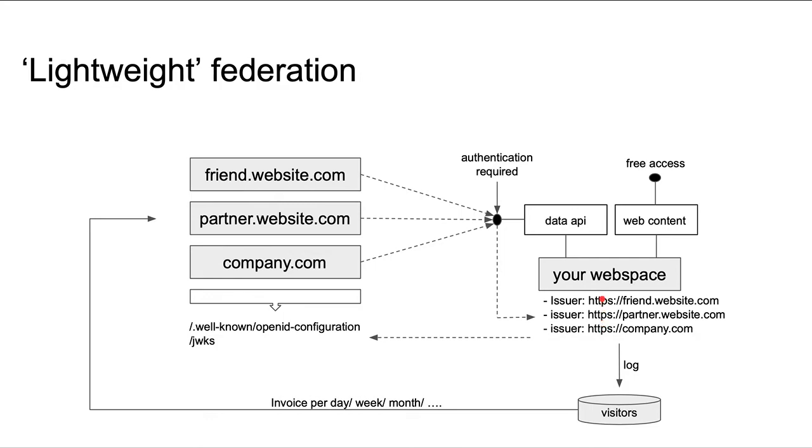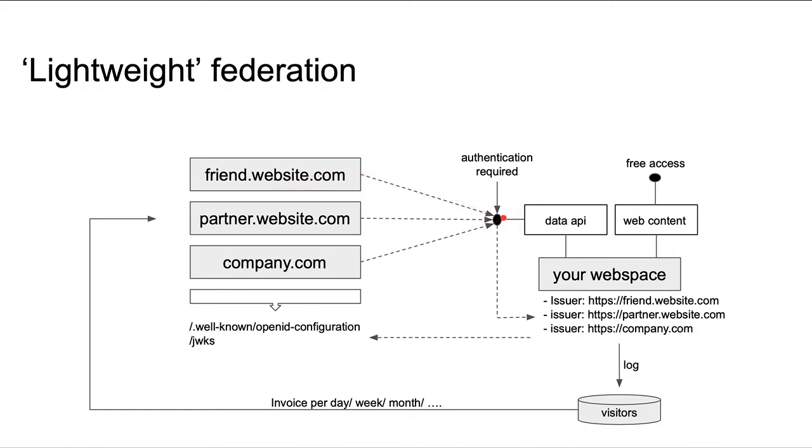So you would have a list of valid issuers, and now on this authentication step on your data API, if this website, friend.website.com, would have a button which would take the user to your data API, this request could easily include an ID token or a JSON Web Token in general, and then it's of course issued by this party.